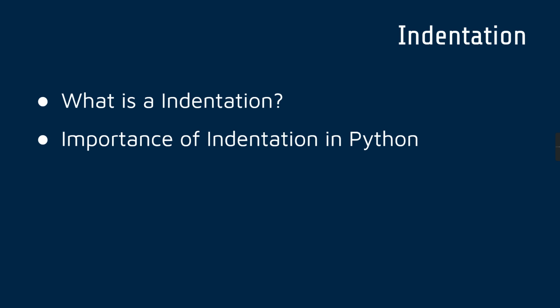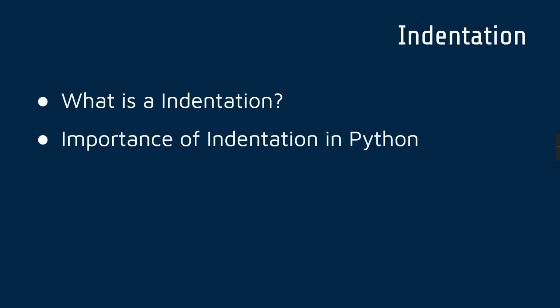If I write five code lines in a certain indentation, I'm telling Python that these five lines go together as a block. So indentation plays a very important role, so that we are telling the interpreter clearly that this set of codes are together.